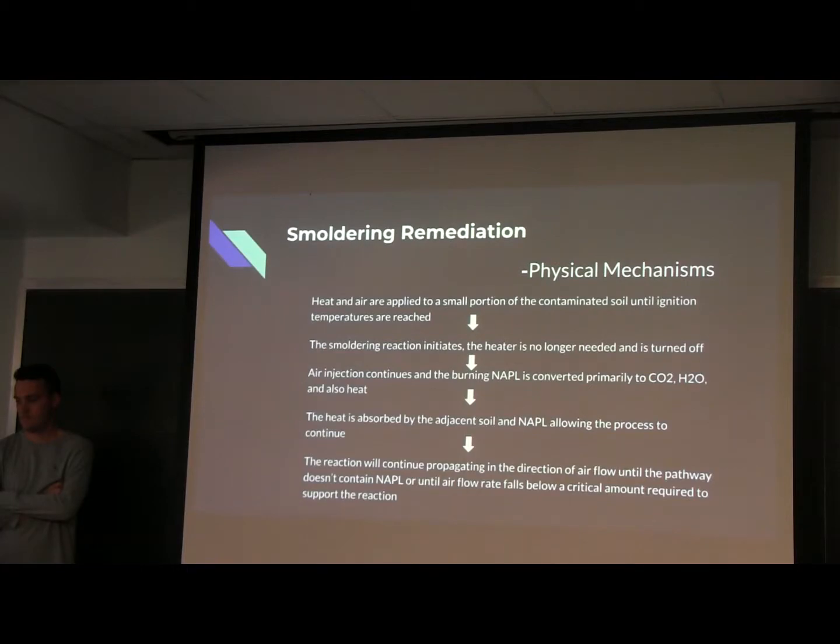The heat is absorbed by the adjacent soil, and the non-aqueous phase liquid allows the process to continue. The reaction will continue propagating in the direction of the airflow until the pathway doesn't contain the non-aqueous phase liquid anymore, or until the airflow rate falls below the critical amount required to support the reaction, which means we can end the reaction ourselves.